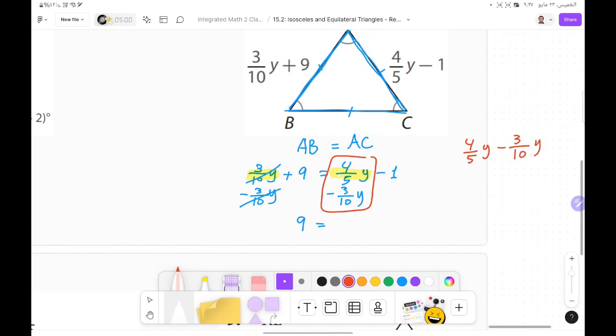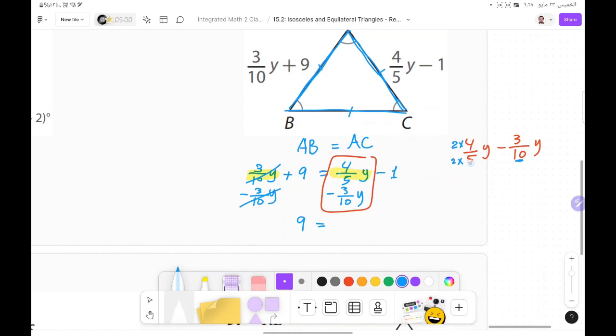How can I subtract this? If you have a calculator, just do it in the calculator. If you don't, we need to make the same denominator so we can subtract them. As you can see, this one is 10. So how can I make this one 10? I have to multiply this one by 2.